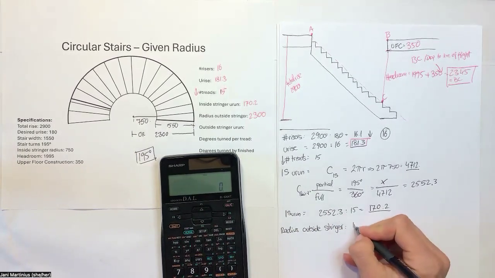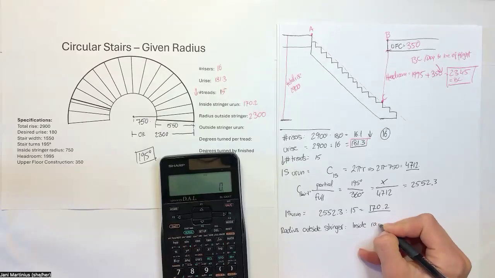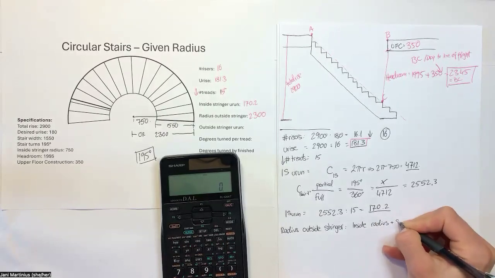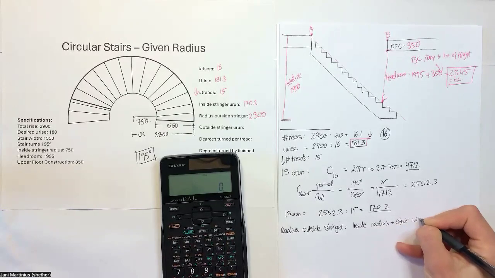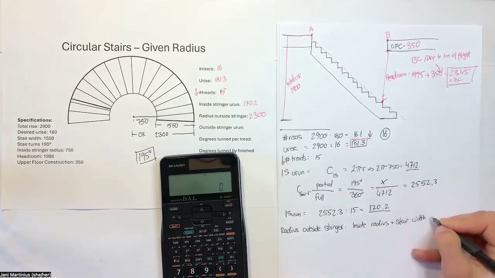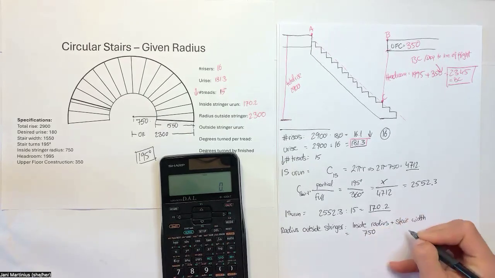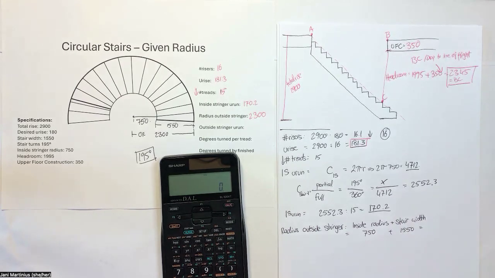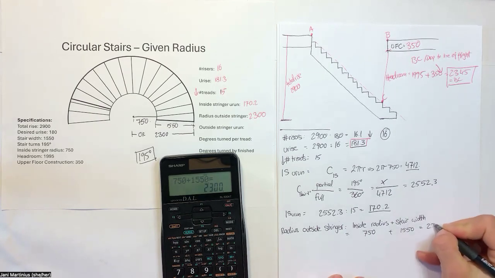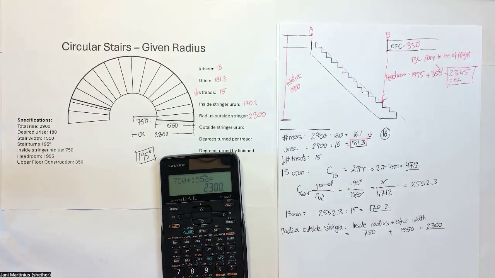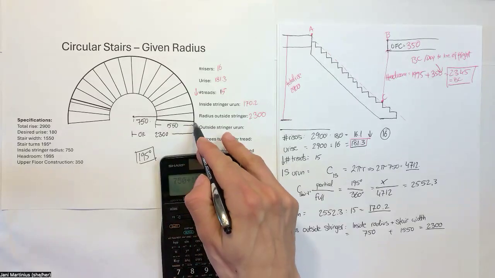We have the inside radius plus our stair width. So that's our 750 plus our 1550, double check one more time, gets us 2300. Awesome. So that is the outside stringer radius, from the center all the way to the outside stringer.